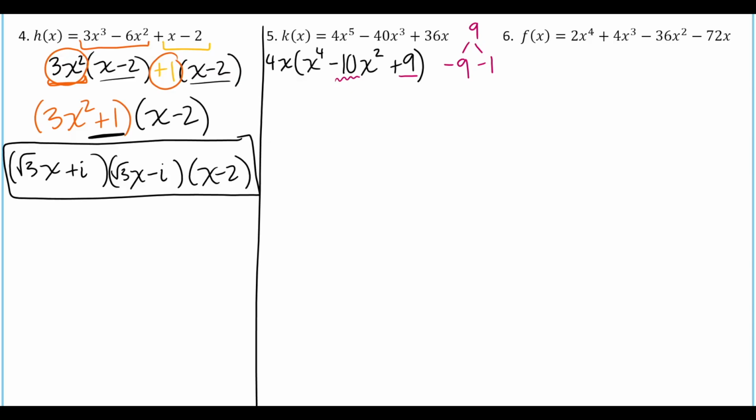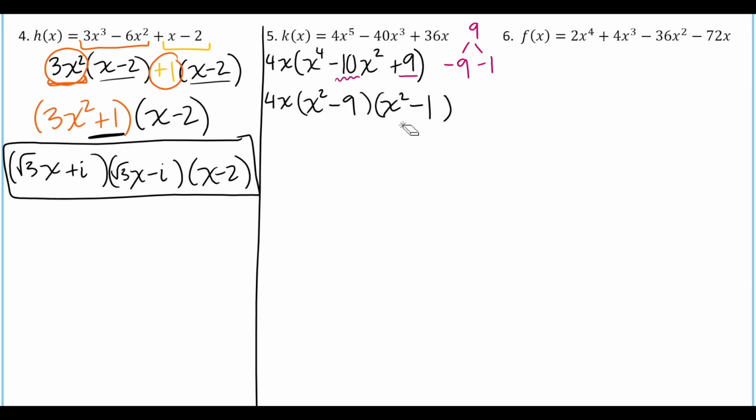So let's write this. I still have my 4x. If this was a quadratic, I would just split it into 2 sets of parentheses. Here we can do the same, but instead of x for our leading terms, we have x squared. And then I have -9 in one, -1 in the other. I have 2 difference of squares.